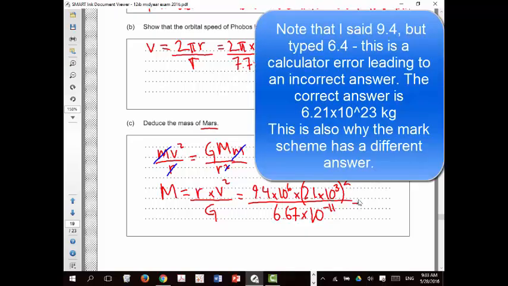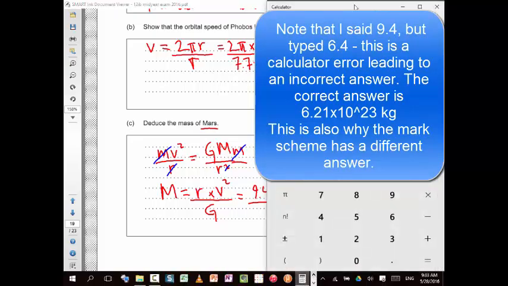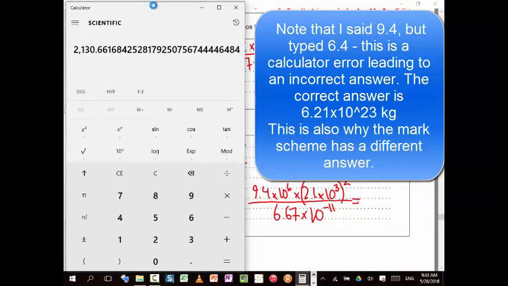And that is equal to, let's figure it out. Actually, I'll start again.